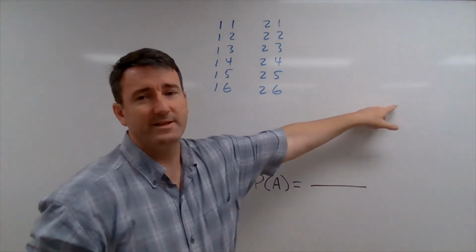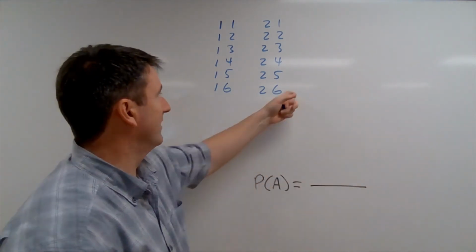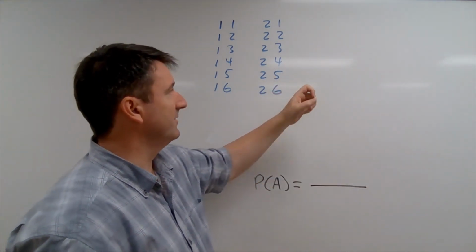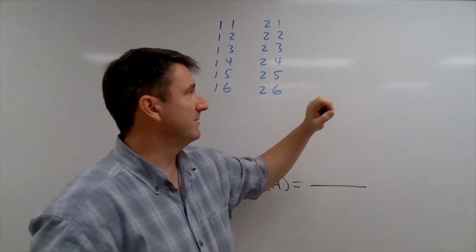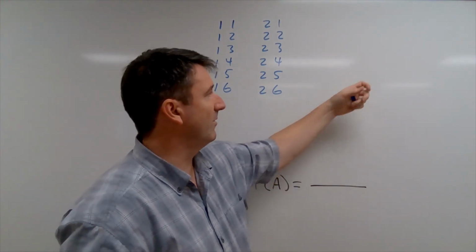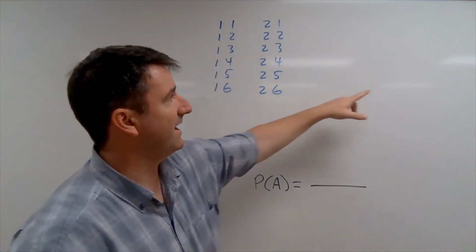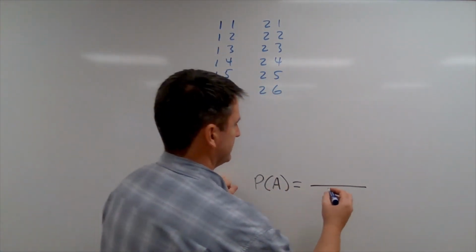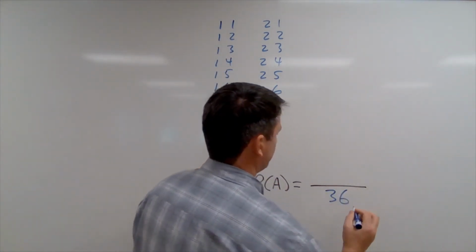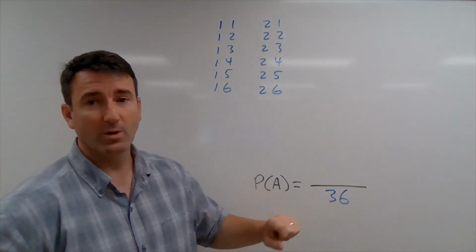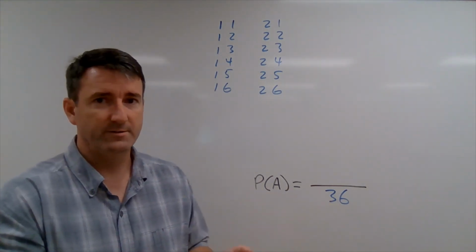And notice that this is just going to continue. If our first die is a 3, there are 6 outcomes, and if it's a 4, there are 6 more outcomes. So this is going to be 6 times 6, which gives us 36 total outcomes from rolling these 2 dice.